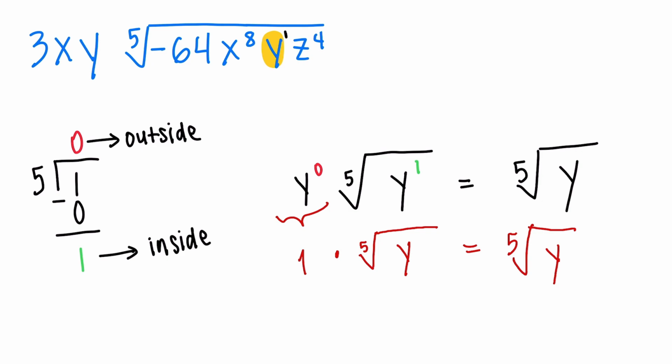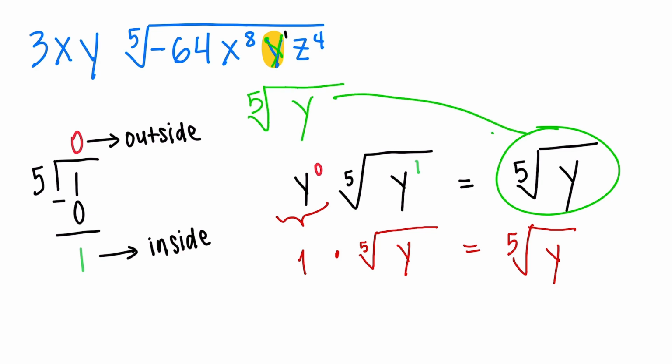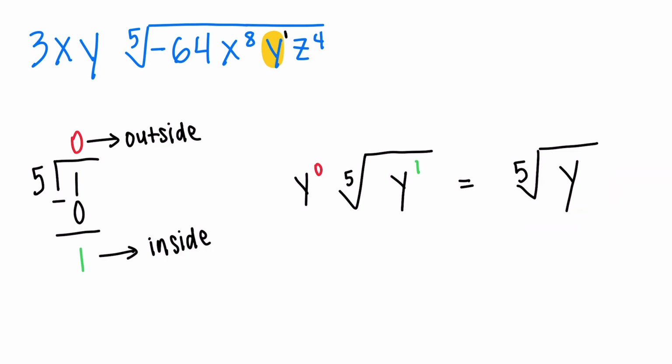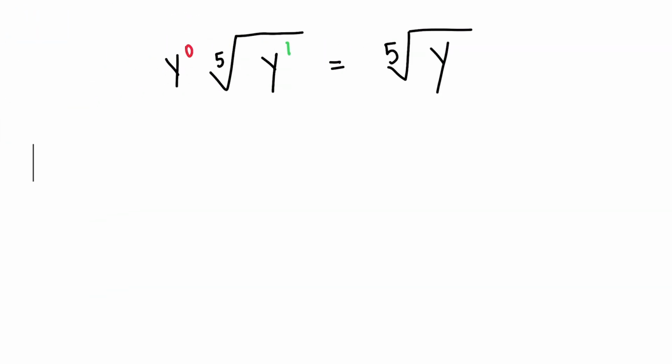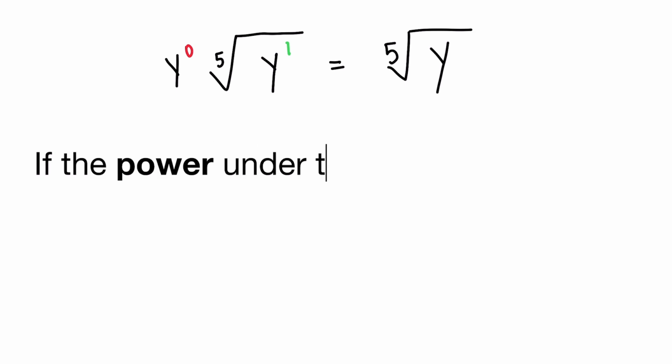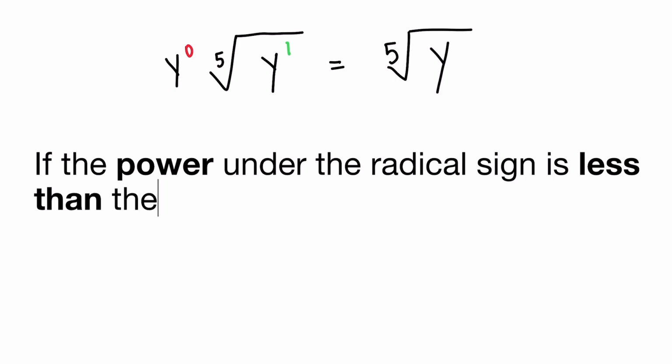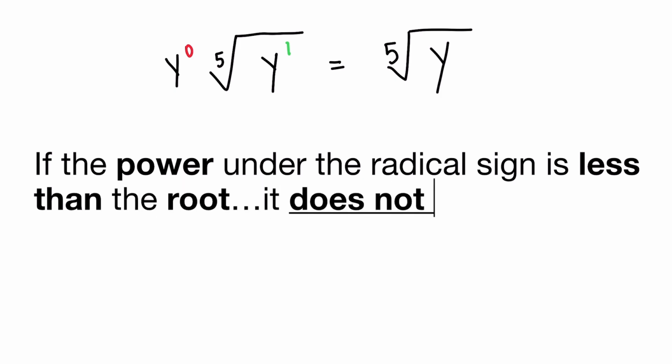But isn't that the same thing as what we originally had? We had y under the 5th root, so we didn't simplify anything, if that's what you're trying to ask. Well, that's because we come to this very important rule: if the power under the radical sign is less than the root, it does not change.